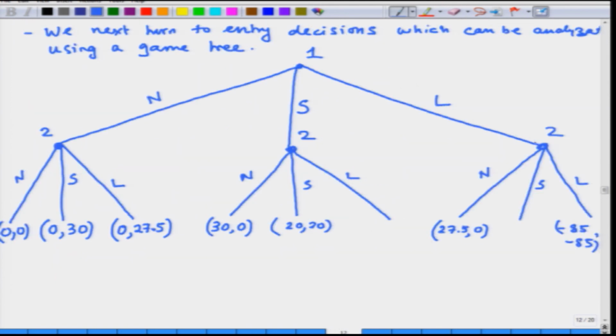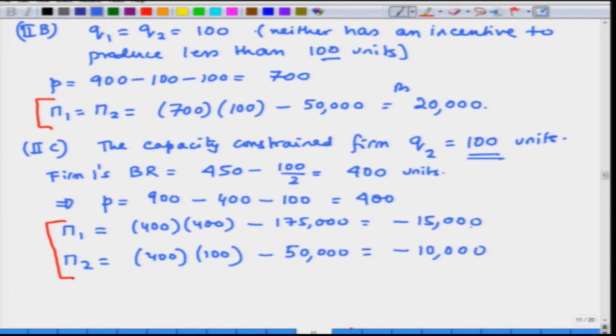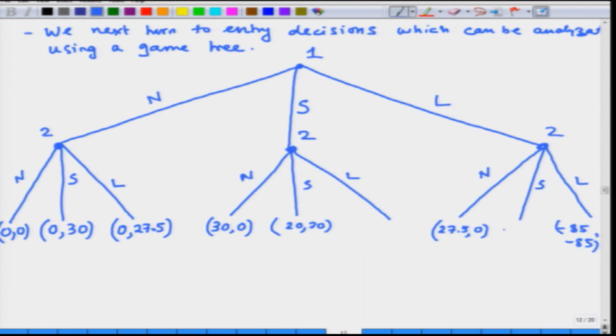So, firm 1 has invested in a large capacity, so its profit is minus 15,000, firm 2 is capacity constrained, its profit is minus 10. So, this is minus 15 comma minus 10, and similarly by symmetry this is going to be minus 10 comma minus 15. So, notice we have captured all the profits everywhere in the game tree.